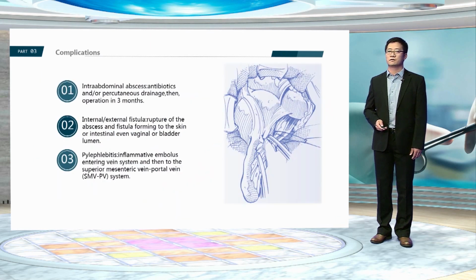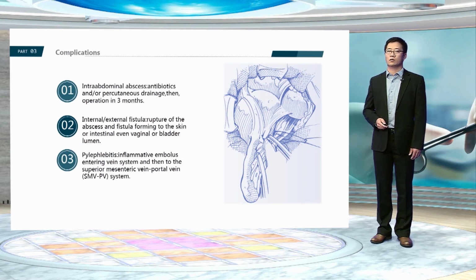Complications of this disease. First, usually intra-abdominal abscess. For that patient, we give antibiotics and percutaneous drainage, then operation in 3 months.